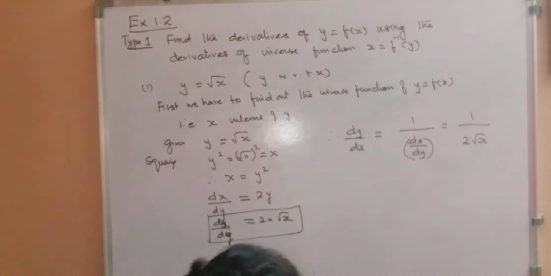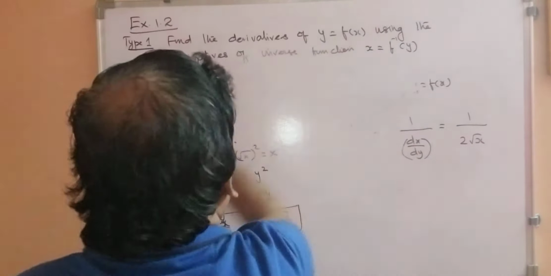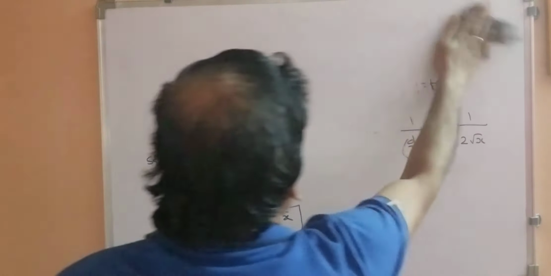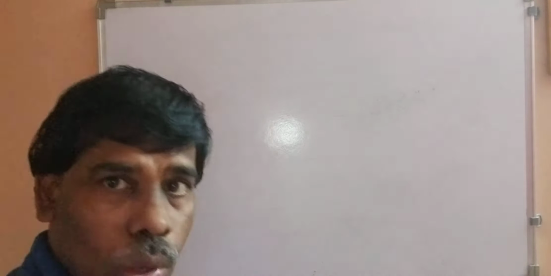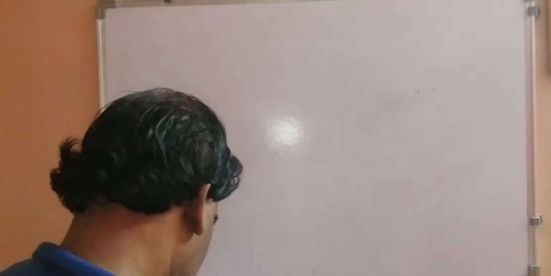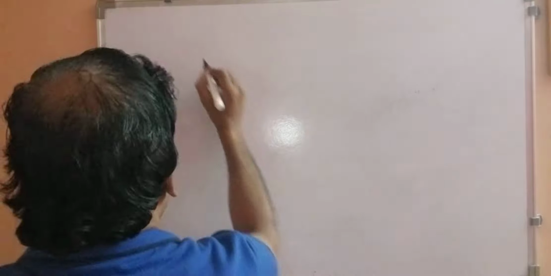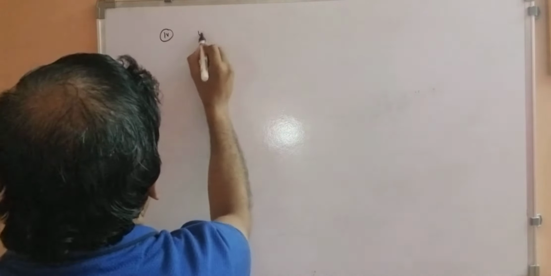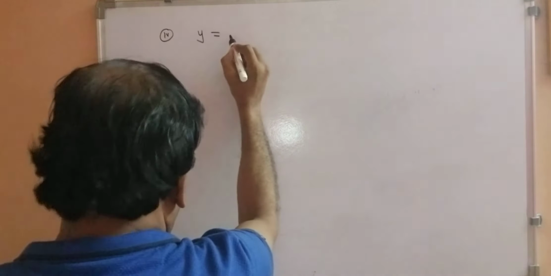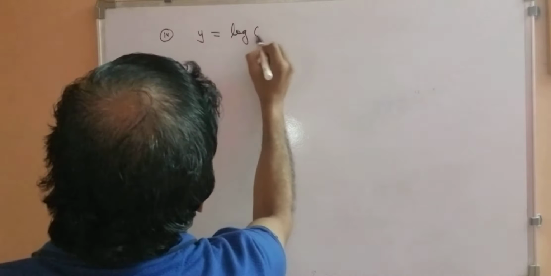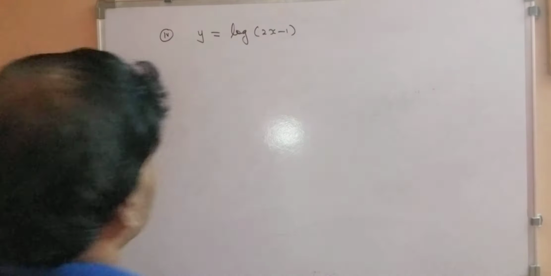Okay. Now one more sum we will do, you will understand better. Now look at this. Another sum we will try. Sum y equal to log of 2x minus 1.